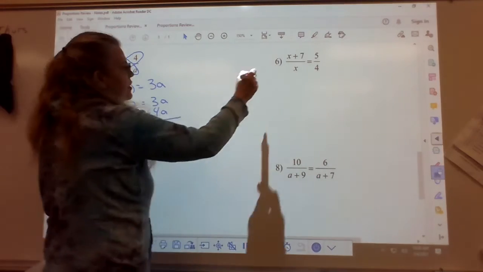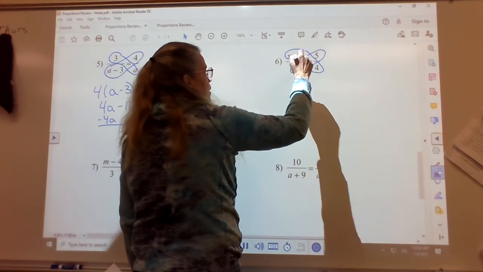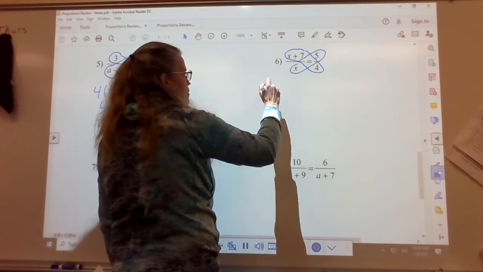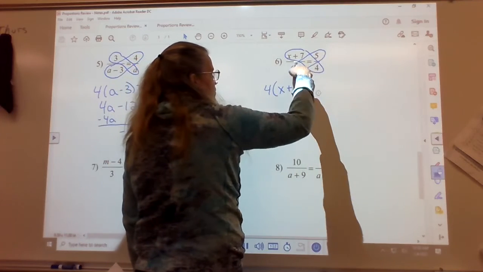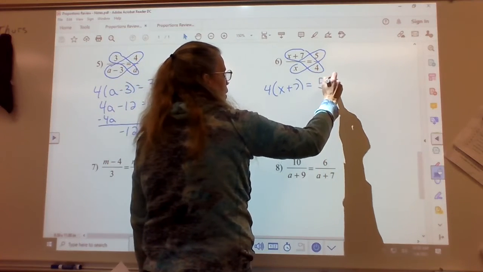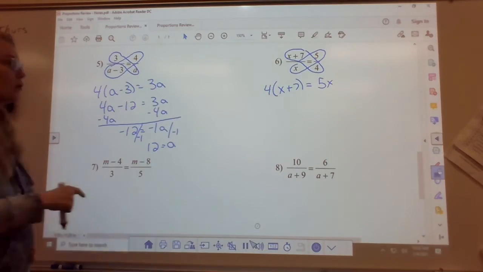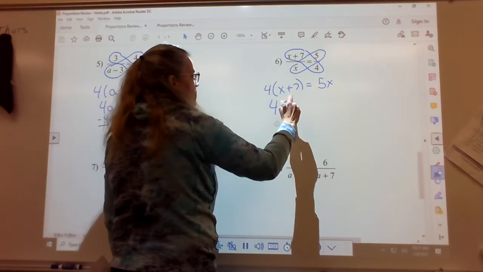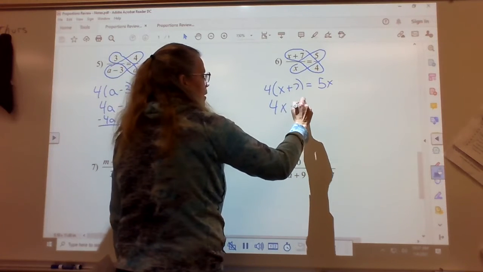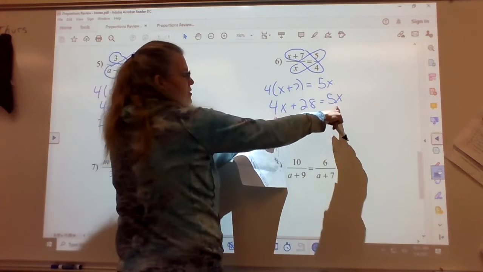Number 6 is pretty much the same way. Multiply your diagonals. So 4 times x plus 7. Don't forget your parentheses. 5 times x. So that's where I am so far. Distribute that 4. So 4x, 4 times 7 is 28. Again, I've got x's on both sides.